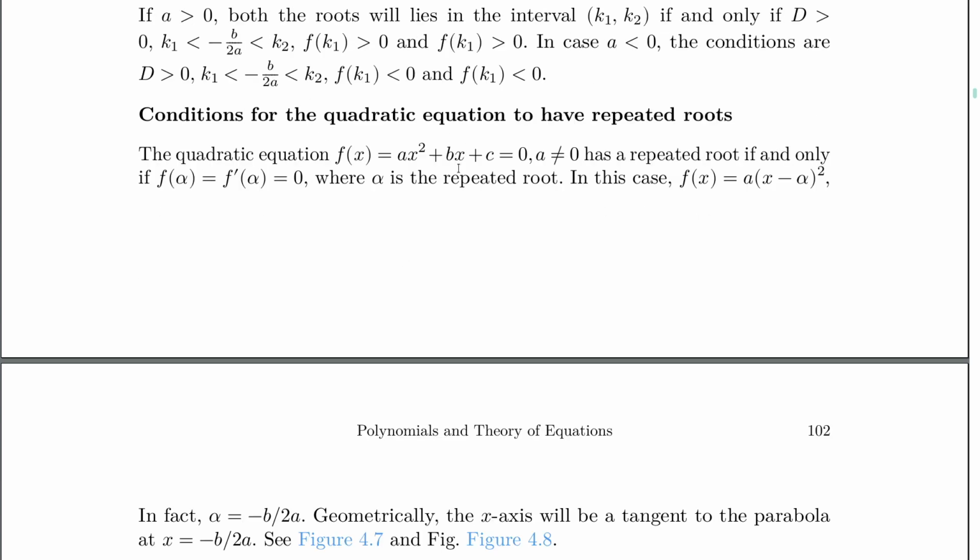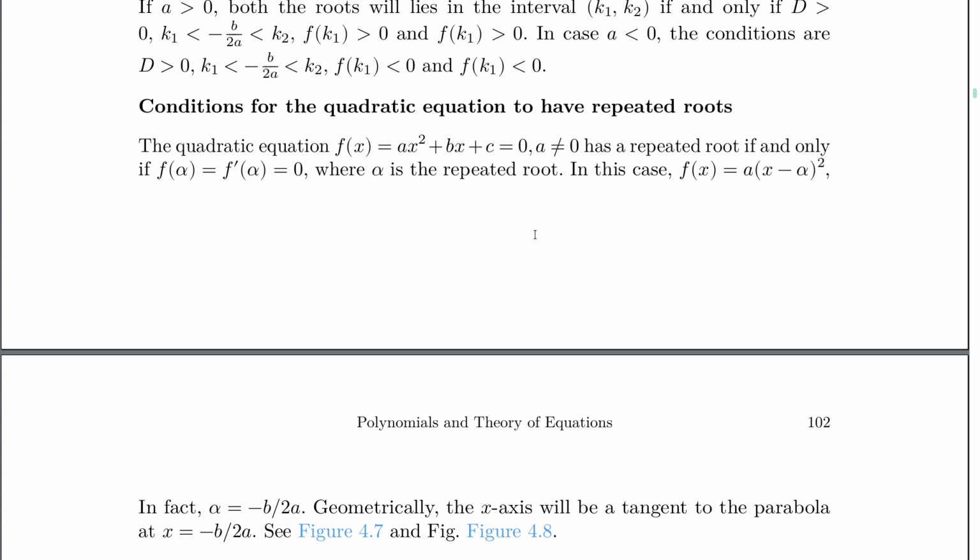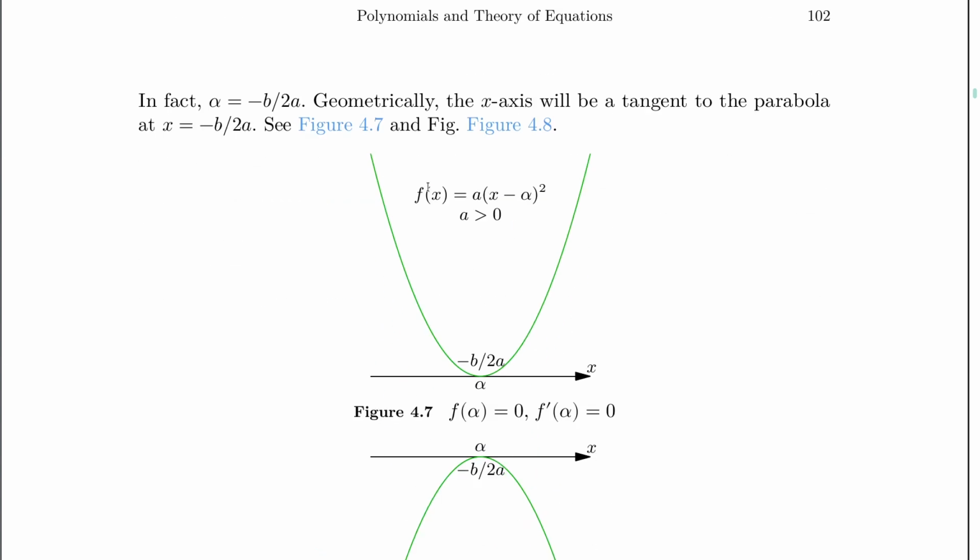Now, for repeated roots, the condition means there will be only one root. So f(x) we can write as a times (x minus alpha) whole square. Geometrically, the parabola should touch the x-axis.